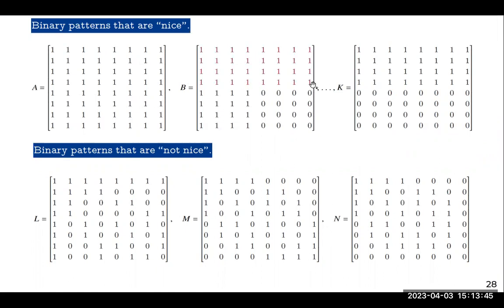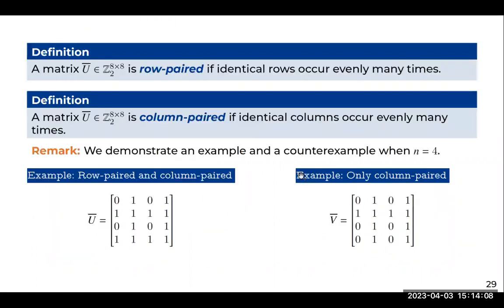If you look at the nice binary patterns, they follow the idea that identical rows occur in even numbers. You can have 4 identical rows or 4 identical columns. But if you look at an unnice one, you will have oddly many identical rows or columns in these 3 cases. So this is characterized by the definition. Here, if we say something is row paired, and this something is a unitary binary pattern, then it means that identical rows occur evenly many times.